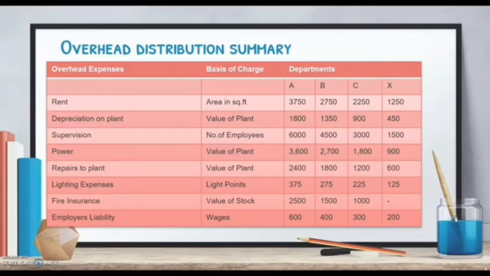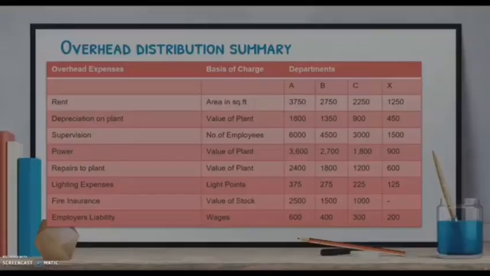In the next column we write the basis of charges, choosing it from the additional information given in the problem. For rent, the apt basis is the area in square feet. We take that area and calculate the rent for departments A, B, C and X. Now let me see the workings of how we calculate the rent.